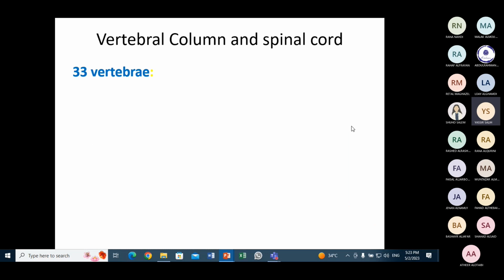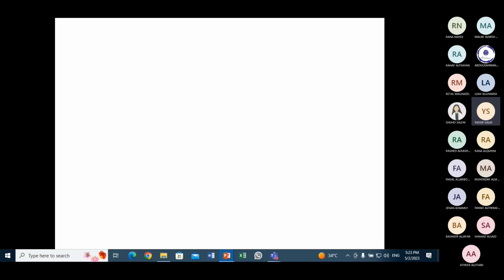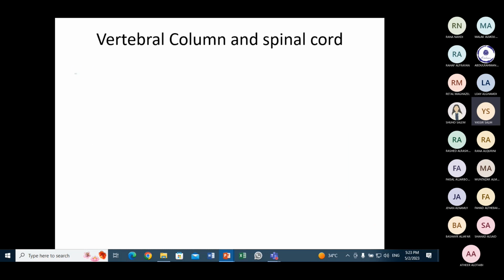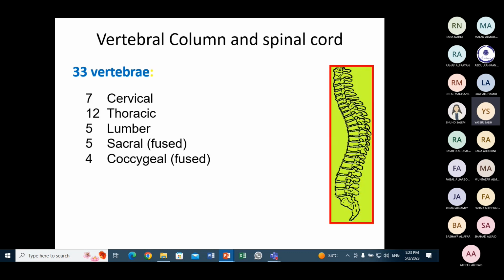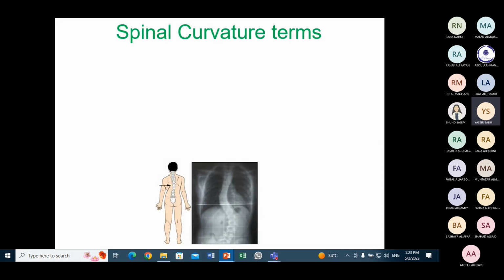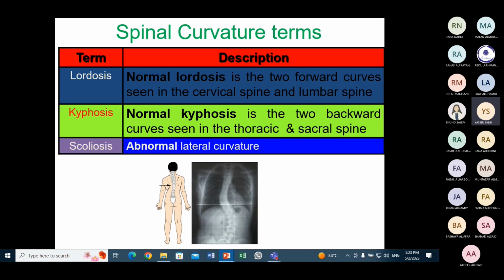This is called kyphosis. So there are two areas of lordosis, in the cervical and in the lumbar, which curve forward or anteriorly. In contrast, in the thoracic and sacral areas, the spine is convex backward, and this is called kyphosis.